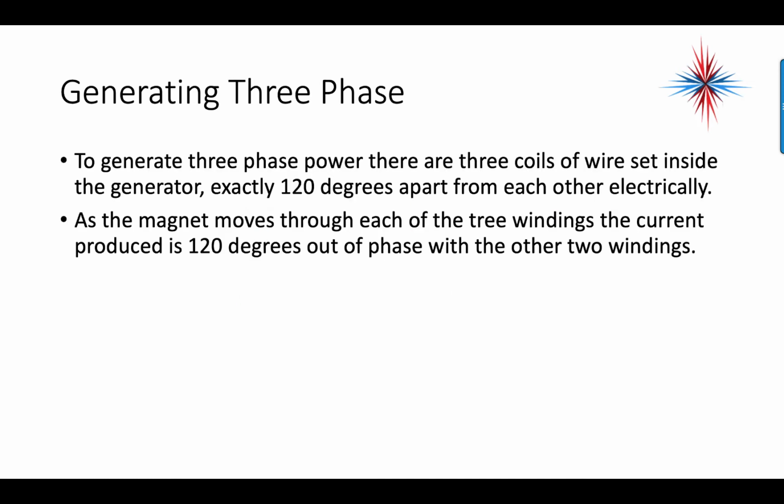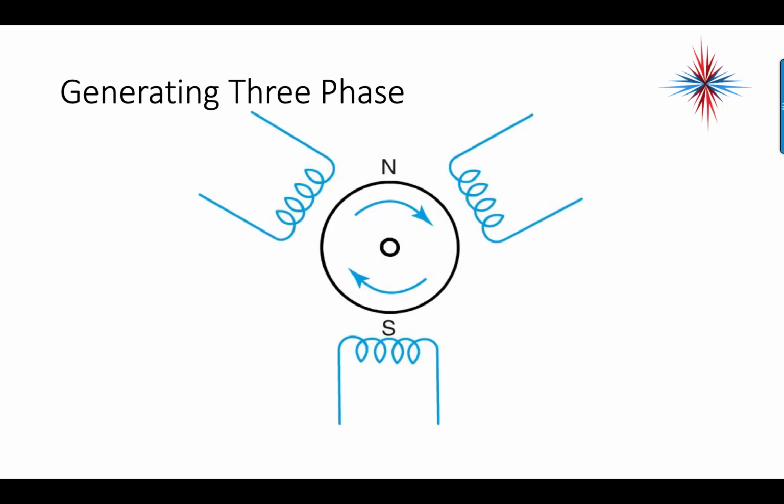To generate three-phase power, there are 3 coils of wire set inside the generator, exactly 120 degrees apart from each other electrically. As the magnet moves through each of the 3 windings, the current produced is 120 degrees out of phase with the other 2 windings. So when we generate three-phase power, we have 3 windings.